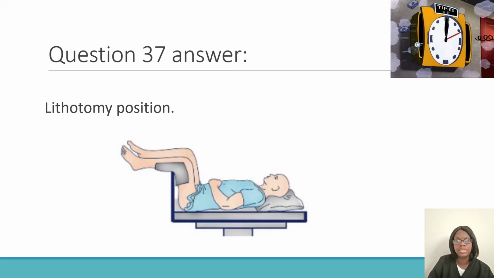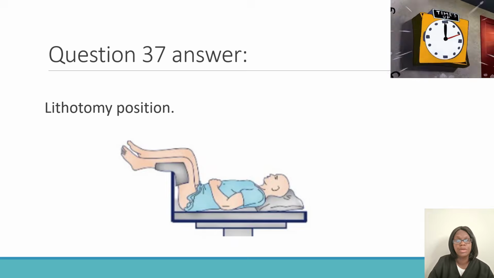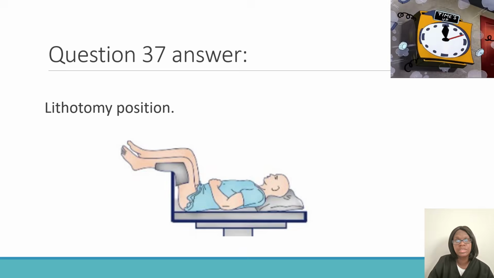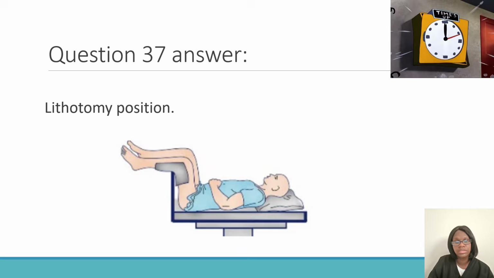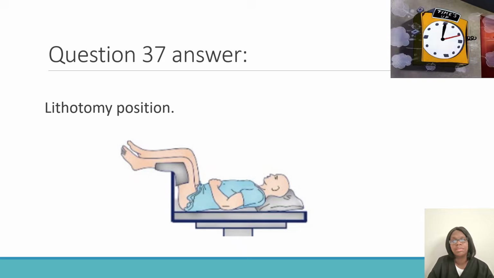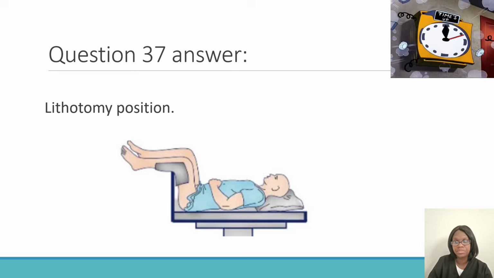This position can be used for vaginal deliveries, pelvic examinations like pap smears, bladder stone removal, rectal surgeries, laparoscopic surgeries such as removal of a fibroid or fibroids, and more. These are just a few examples that I threw out.